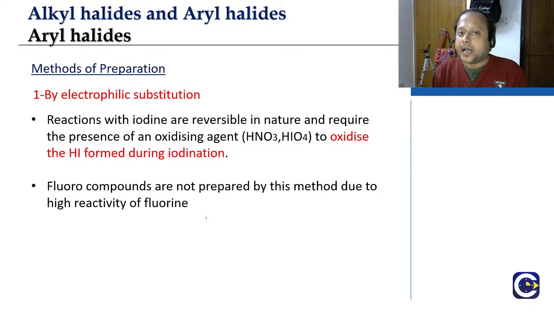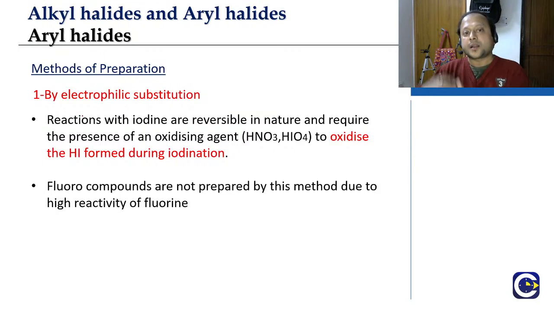The way we are doing the reactions with chlorine and bromine, it's not possible to make iodobenzene in a similar fashion. Why? Because iodine reacts slowly and it's a reversible reaction, hence the output is not going to be that high. So what do we do?